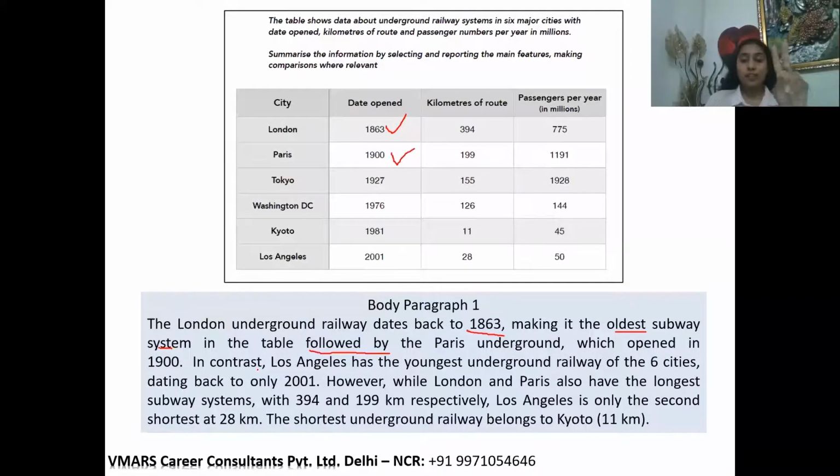In contrast, however, whereas you can use, okay. In contrast, Los Angeles has the youngest underground railway system.